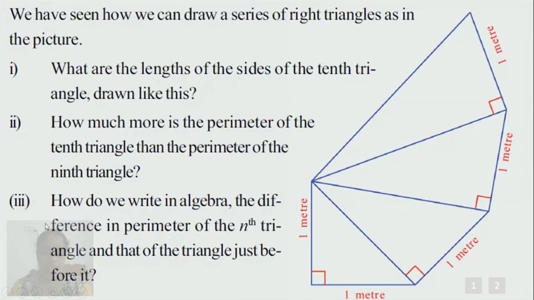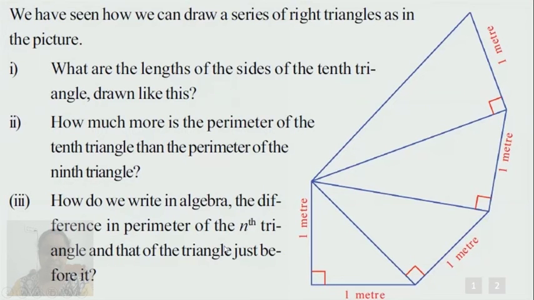And again you can say the third question is like this. How do we write in algebra the difference in perimeter of nth triangle and that of the triangle just before it?